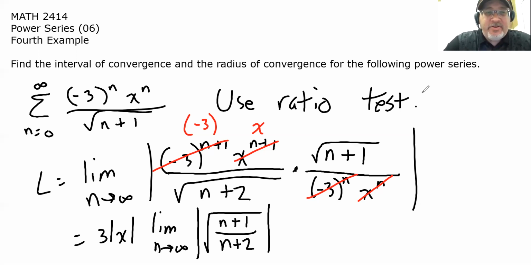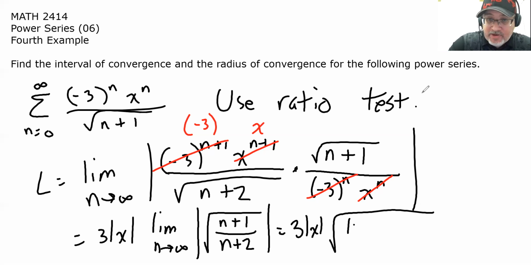Technically, the absolute values aren't necessary here because square roots come out positive by definition. And square root being a continuous function on its domain allows us to move the limit inside. So again, being super nitpicky here, we don't really need the absolute value, and we can move the limit inside because square roots are continuous on their domains, I should say.